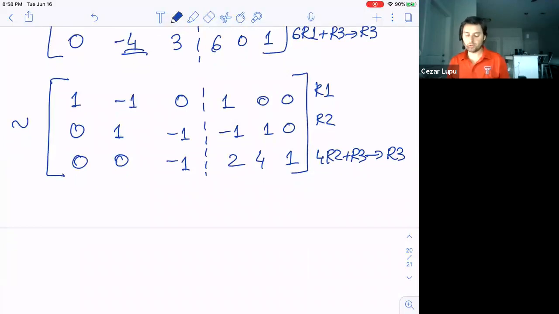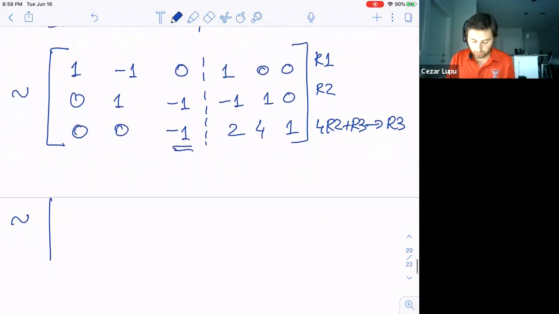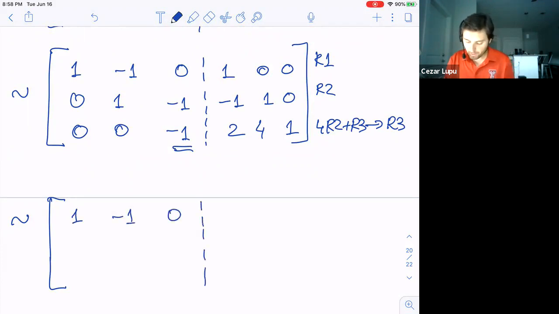Now, let's see, what should we do? Maybe we can transform this -1 here to make it look like a 1. So I could do the following. I can multiply the third row by -1. So I'll have 1, -1, 0, 1, 0, 0. This is R1.